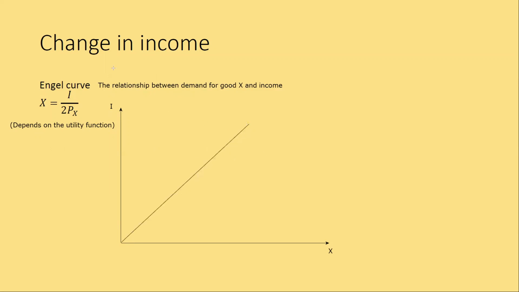And we can rewrite this equation a little bit. It can be rewritten as I equals 2 Px times x. So the slope of this is actually 2Px.